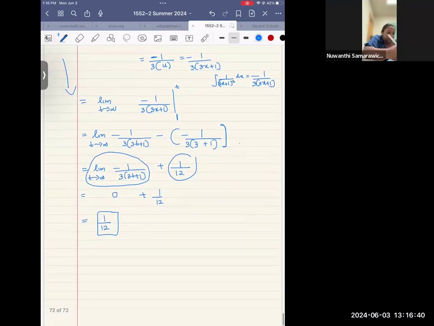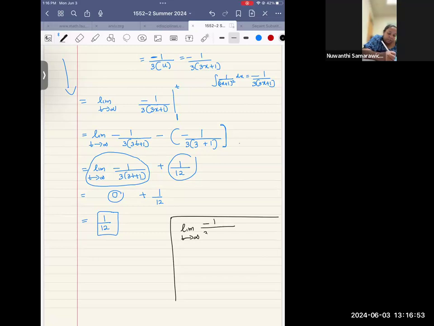If you don't understand still how we got 0 here, because t goes to infinity, you can change this 3t plus 1. You can multiply both numerator and denominator by 1 over t.